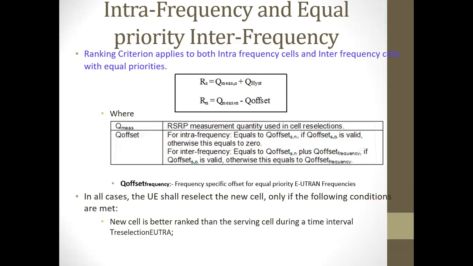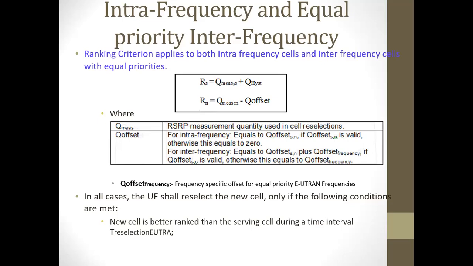But you see that there is a hysteresis in that. You are not directly comparing their RSRP. Rather, Rs and Rn, where you add some additional hysteresis value for Rs. So Rs was given some additional value. So it is a little more difficult for neighboring cells to actually get a better ranking.